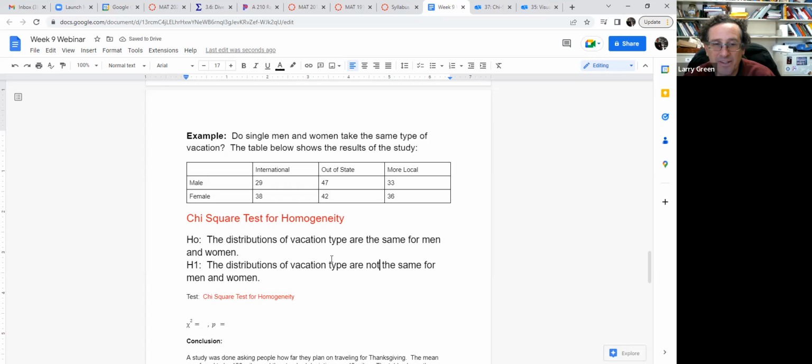The distributions of vacation type are not the same for men and women. By the way, this is English, not math, but instead of saying not the same, you could say different. It means exactly the same thing. But if you're doing the copy and pasting, it's a lot easier to type in the word not.